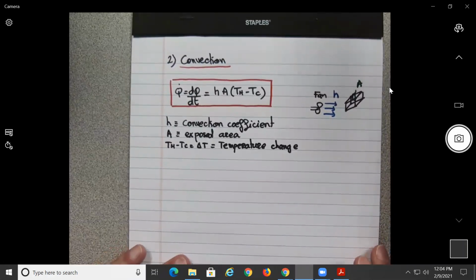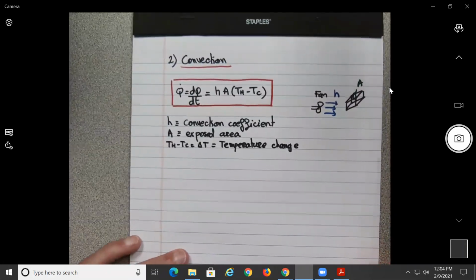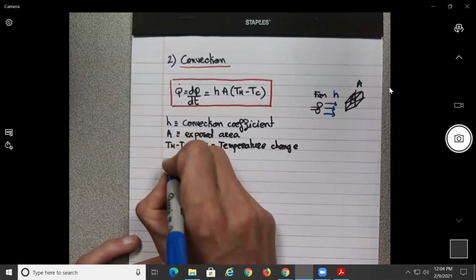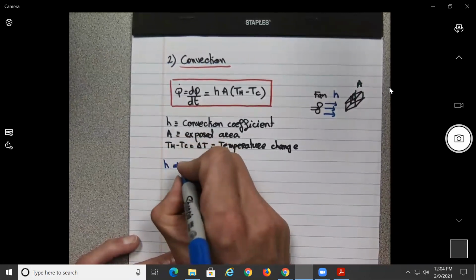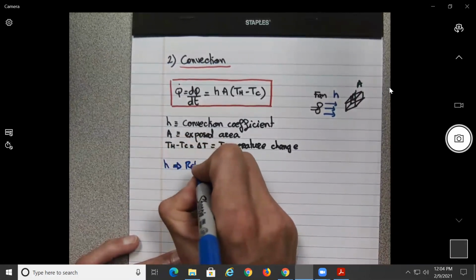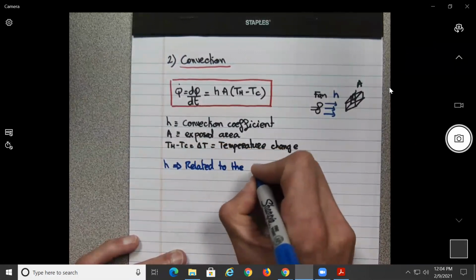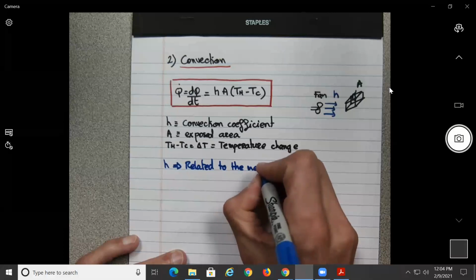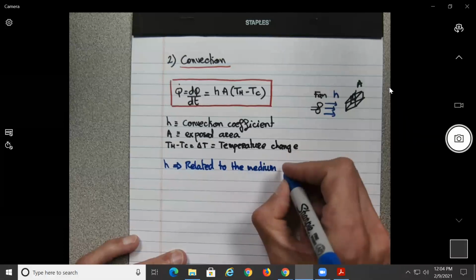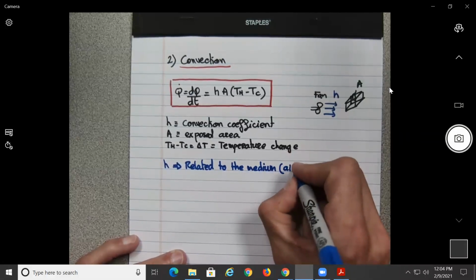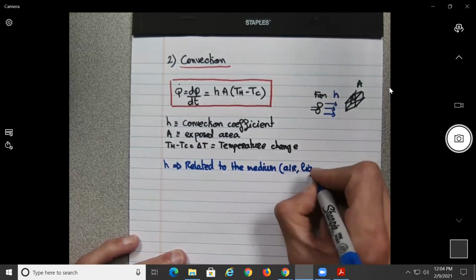Okay, so now it is very important to understand that h is related to the medium, which can be air or liquid.